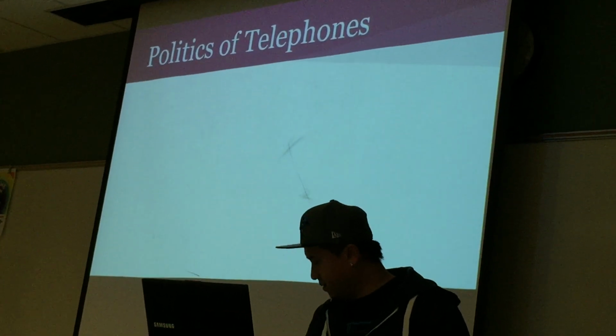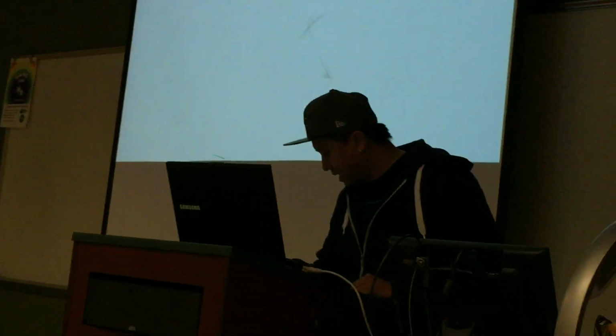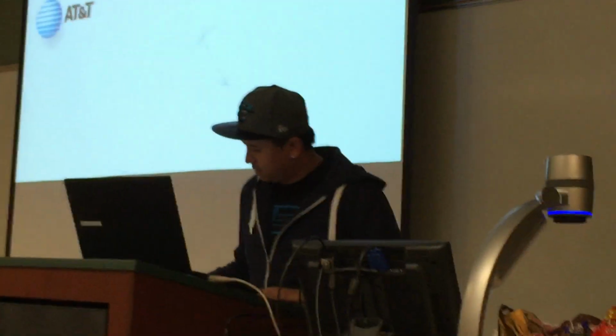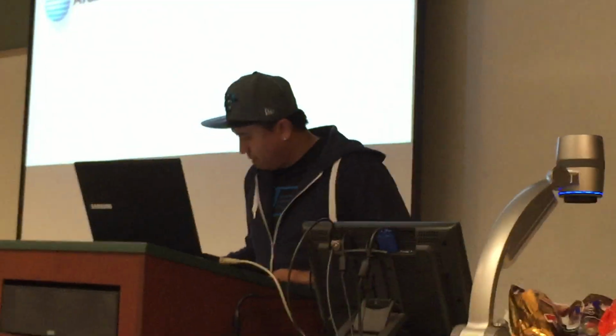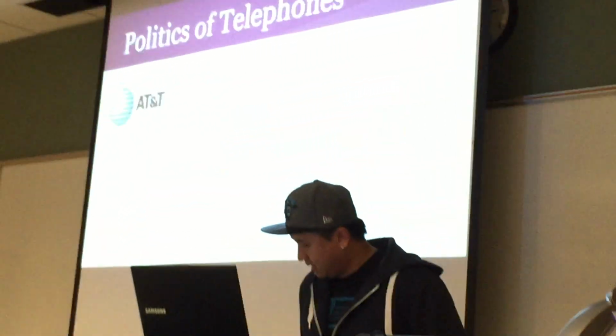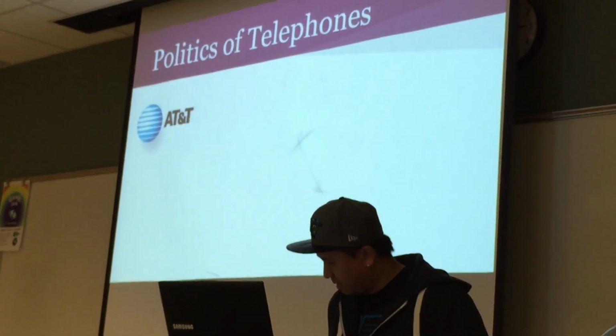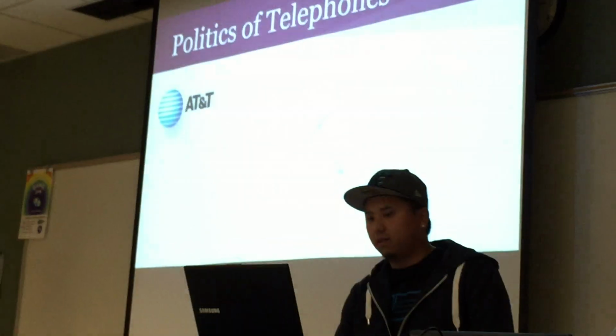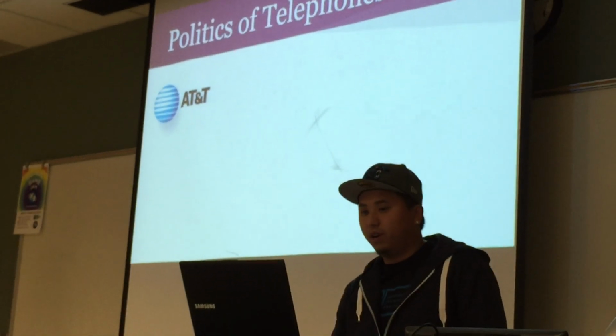And next up, we're going to be talking about the politics of the telephone. For years, the telephone company system was ruled by the Bell system. It provided telecommunication services for both local and long distance for the majority of the U.S. up until 1984.